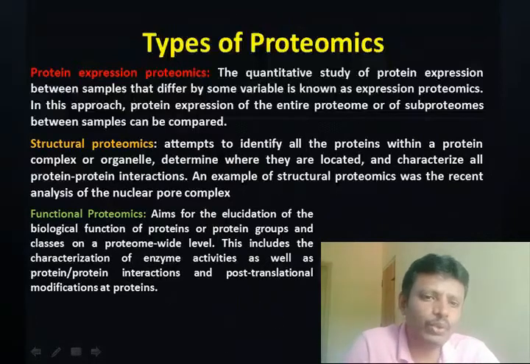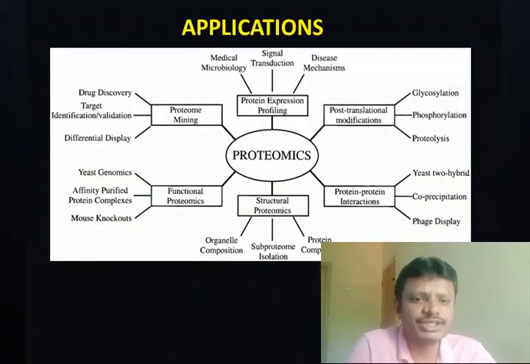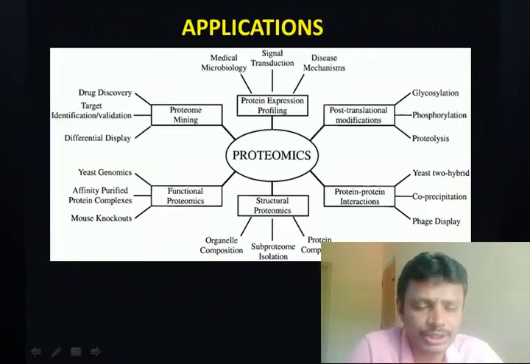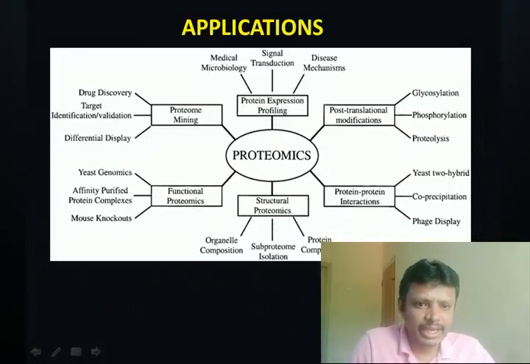So where do we use this proteomics methodology, or where is proteomics applied? First is protein expression profiling. This can be used in medical microbiology, to see how exactly different bacteria express their proteins. Next, when they are expressed, what signals they produce and what disease they can result in.